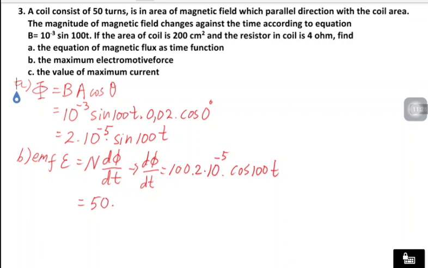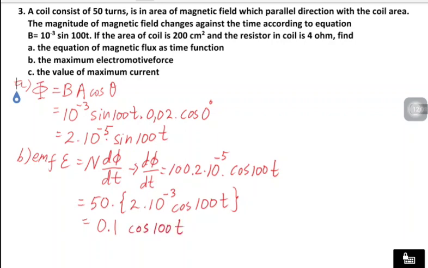Okay, we got the derivative of the flux function, so this is 50 times 2 times 10 to the minus 3 cosine 100t, so we get 0.1 cosine 100t.